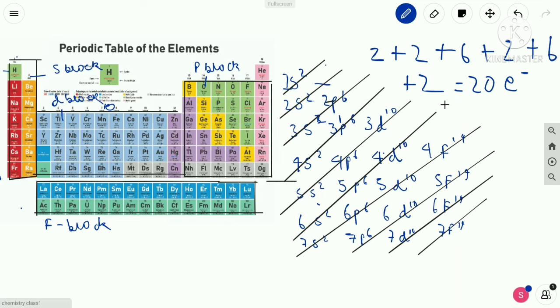So that basically means we can explain it like the penultimate shell has some electrons left, but the final shell has electrons. The second last shell of these transition elements is not completely filled, but they still have electrons in the last shell.